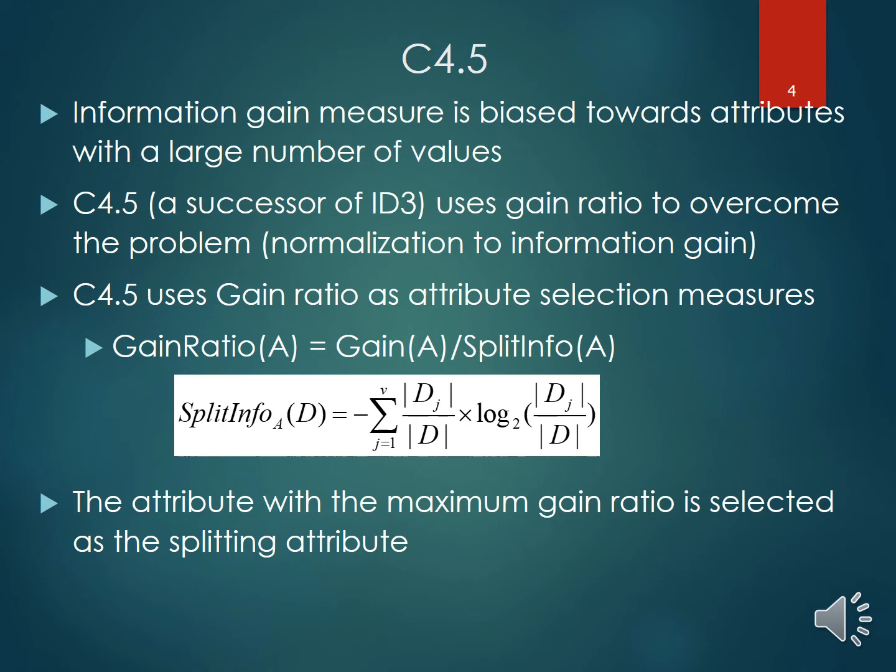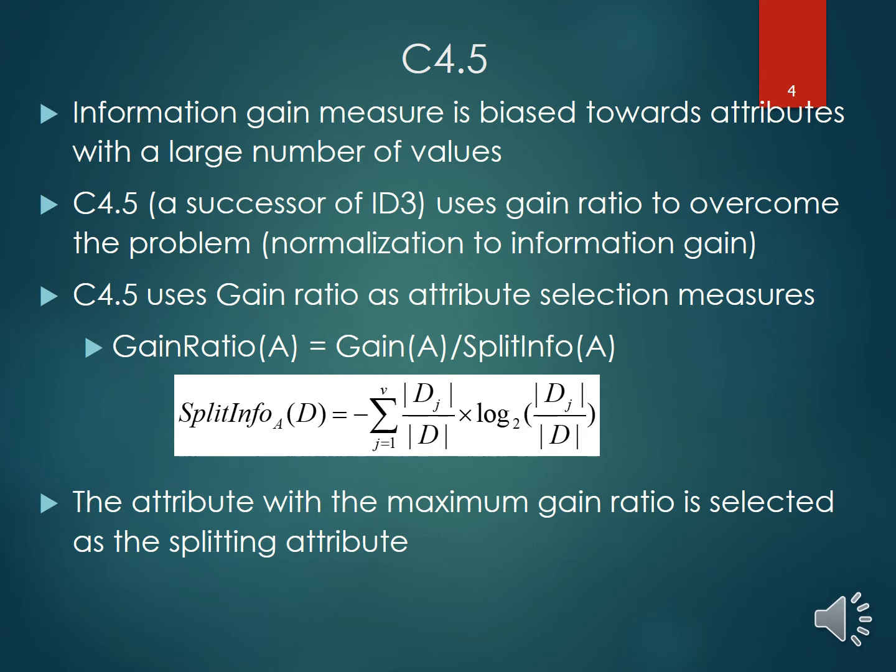So how do we find the gain ratio? The gain ratio of a particular attribute is equal to the gain of the attribute divided by the split information of the attribute. So what is split information? Split information is equal to minus sigma j equals 1 to v, of mod Dj divided by mod D, into log base 2 of mod Dj divided by mod D. Here, what is v? In the example of ID3, there was an attribute called outlook.